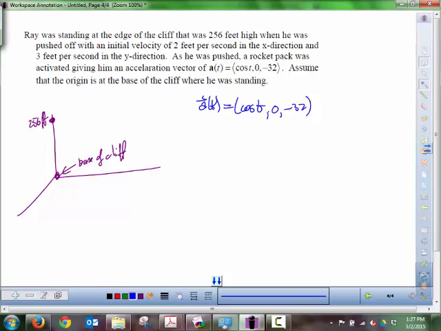We need other things like initial velocity and initial position. Do we have any of those? It looks like our initial position is right above the origin. So r of 0 is going to be 0, 0, 256. And the initial velocity looks like it's 2 in the x direction and 3 in the y direction.